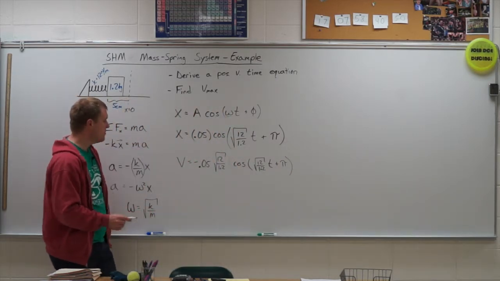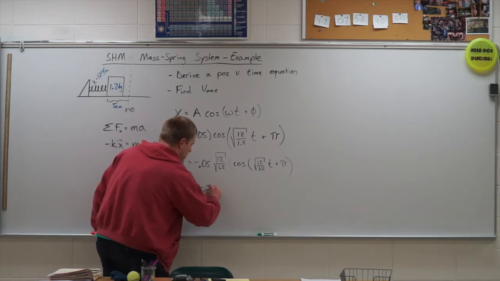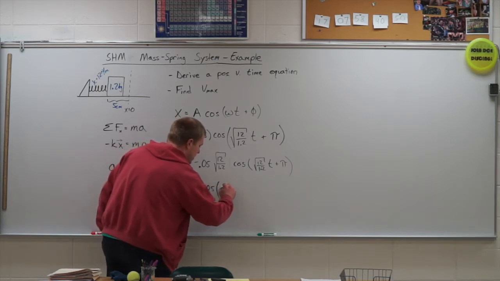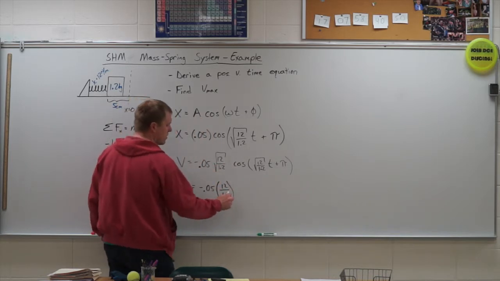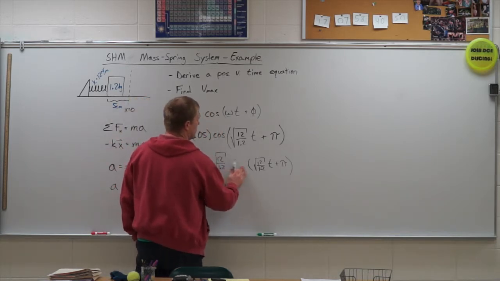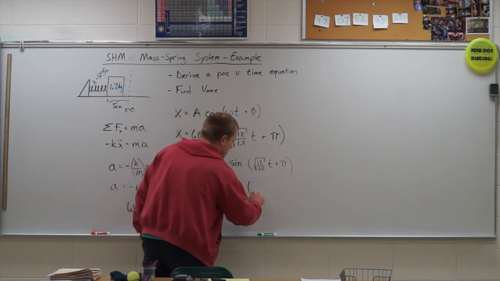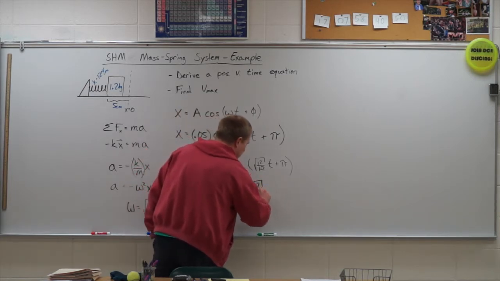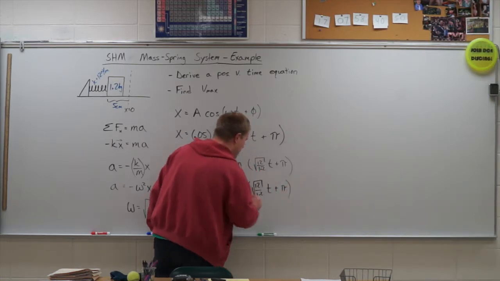So there's my velocity function. My acceleration function then is negative 0.05 times 12 over 1.2, because this becomes squared, times the, oops, that one is sine. I'm sorry about that. This is cosine down here of the square root of 12 divided by 1.2 t plus pi.